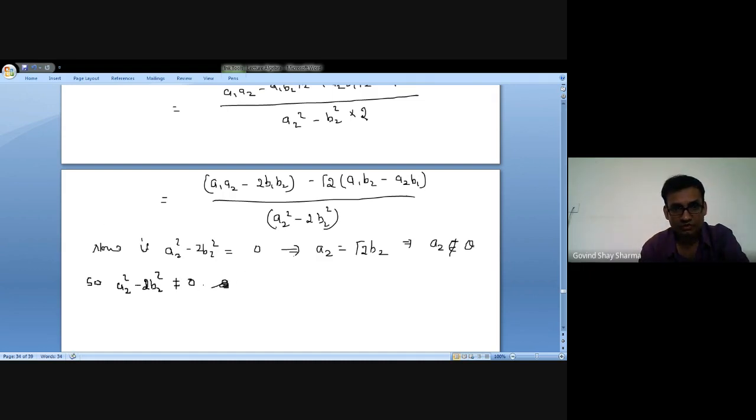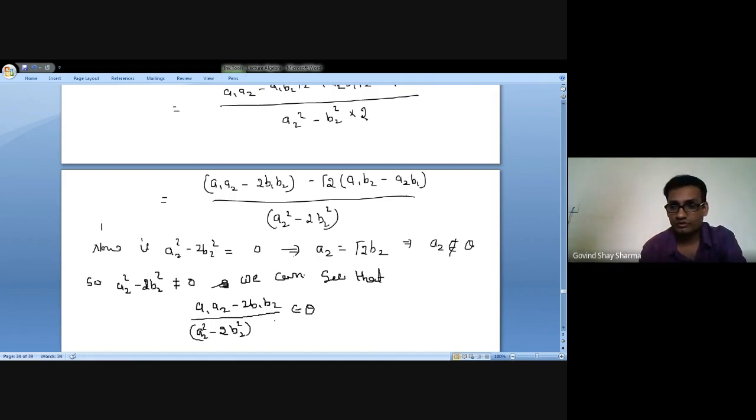So we can see that a1 a2 minus 2 b1 b2 upon a2 square minus 2 b2 square belongs to Q, as the product of two rational numbers is also a rational number, and a1 b2 minus a2 b1 upon a2 square minus 2 b2 square belongs to Q.